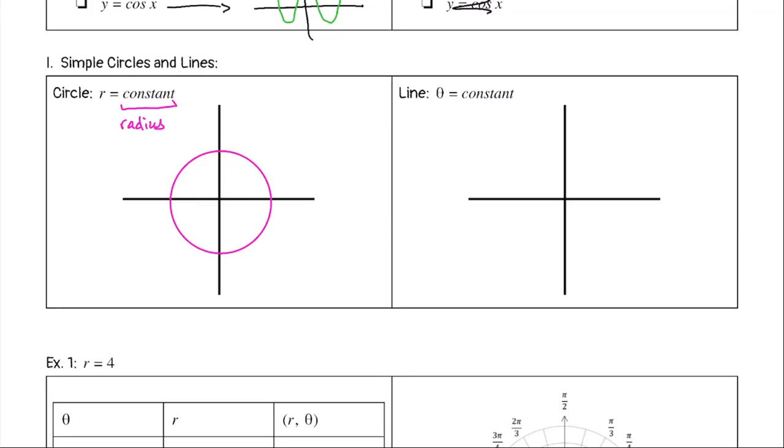Now it turns out that we can also draw lines in polar, and the equation is fairly straightforward as well. Theta equals a number. So not r equals something, but theta equals a number is going to give us a line. Specifically, that line is going to go through the origin. So you might have one kind of like this.